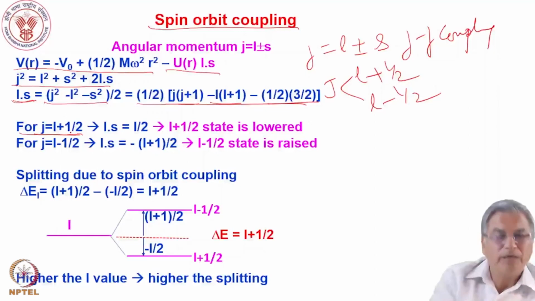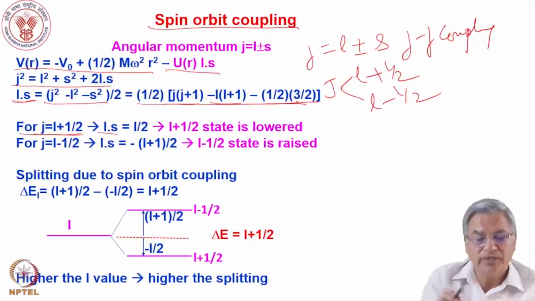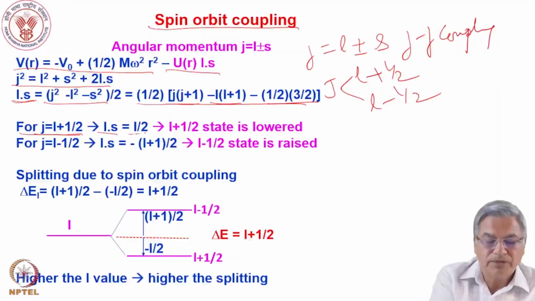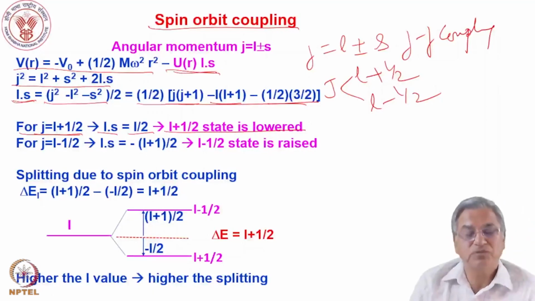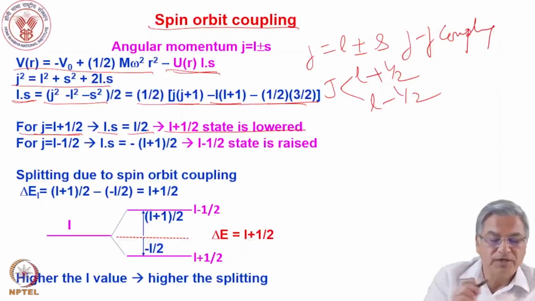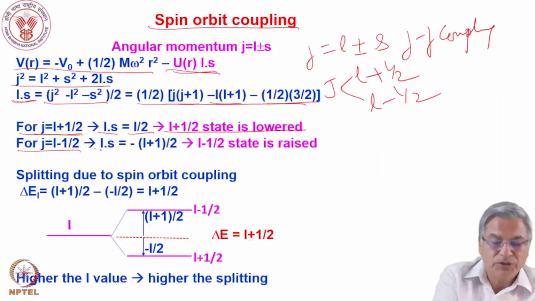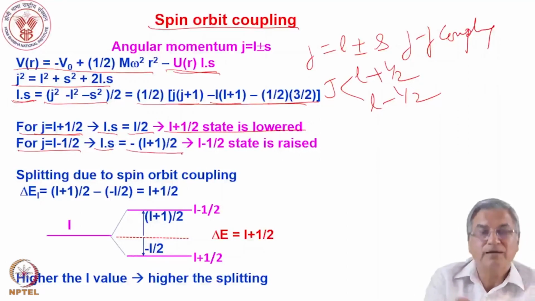When J equals L plus half, you can calculate L dot S from here; substituting J equal to L plus half, you get L by 2. If you put L by 2 here, this is a negative term, minus U L dot S, so this is the lower energy state. For J equal to L minus half, putting it in this formula, you get minus (L plus 1) by 2.